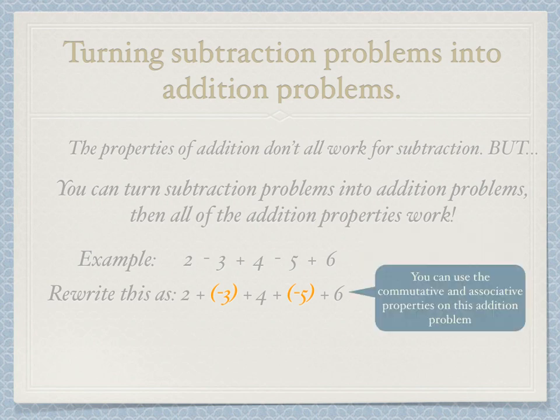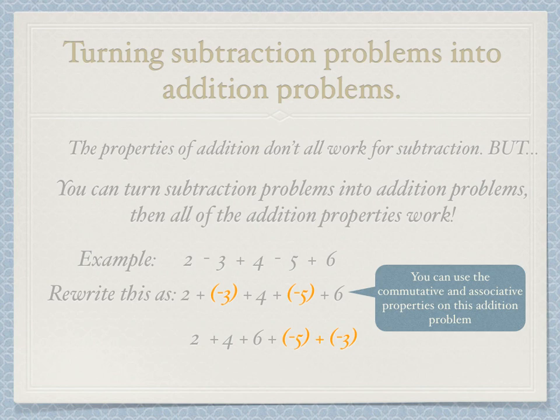Now, I can use the commutative and the associative properties on this new problem because it's an addition problem, and the properties of addition work. I find it helpful to group all the positive numbers together first, 2 plus 4 plus 6, and then the negative ones after that, plus negative 5 plus negative 3. The commutative property says I can change the order, and the associative property says it doesn't matter which ones I do first.